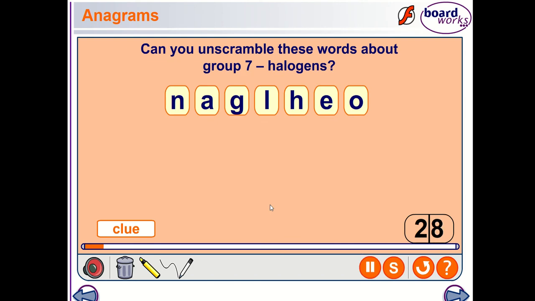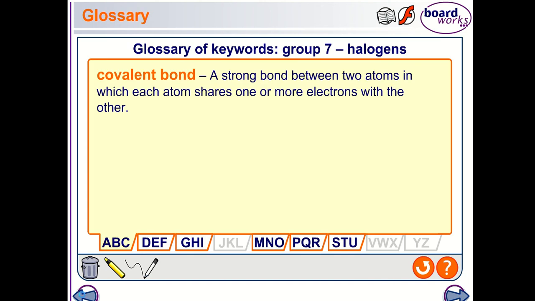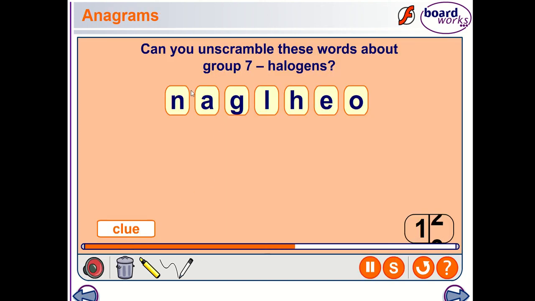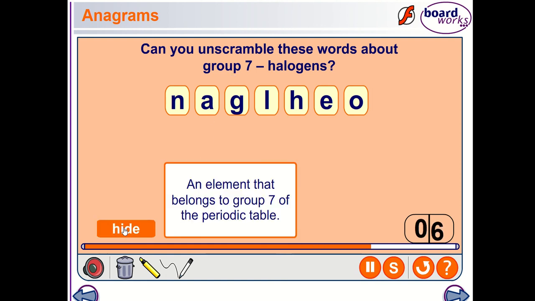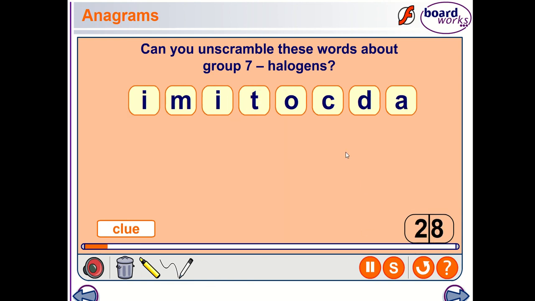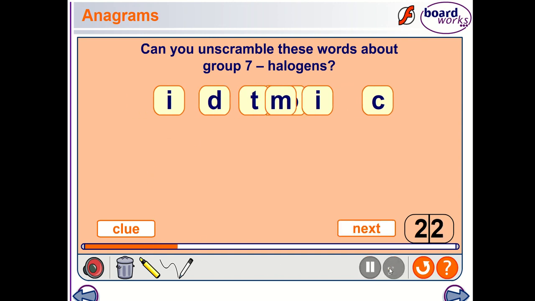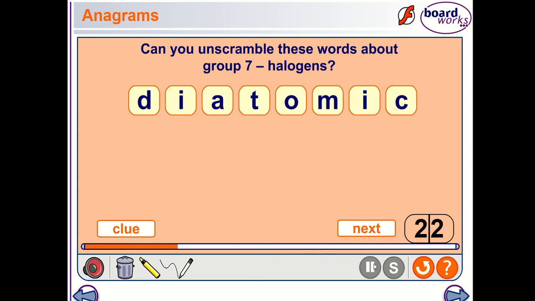Okay, so a few questions we will do. Can you unscramble these words? Okay, so that one's diatomic.